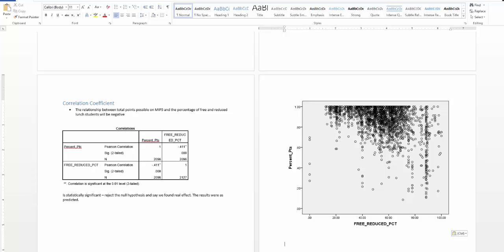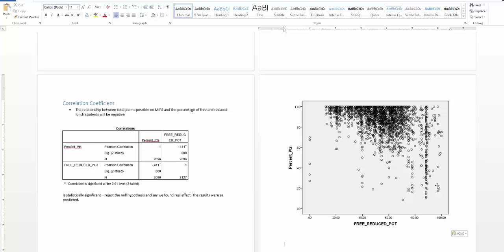And looking at this data, what I would think is that there's what's called a ceiling effect. That is, a lot of schools get 100%. If we didn't have the ceiling effect, we would probably have data that look like this, and the relationship would be much stronger between free and reduced lunch and the percentage of total points that they get.